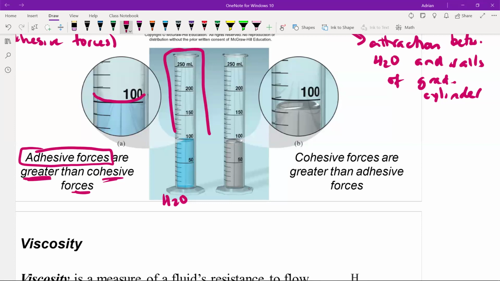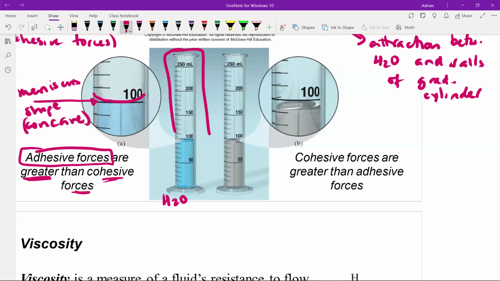So the water actually climbs the glass more than it is being attracted to the other water molecules. As a result, you have a very characteristic meniscus that looks like this. The meniscus shape here is very distinctive, and that's called a concave shape.